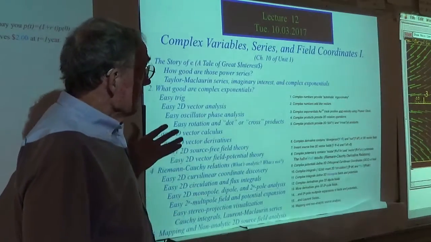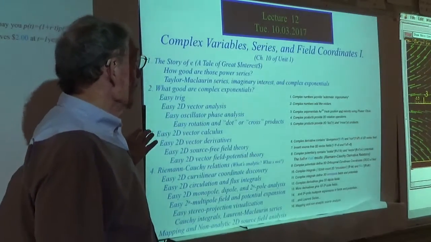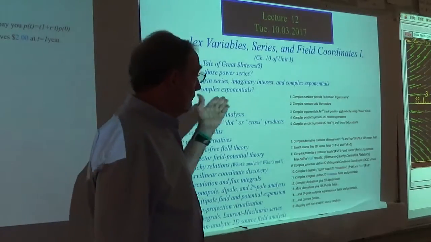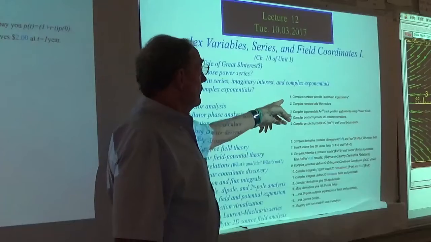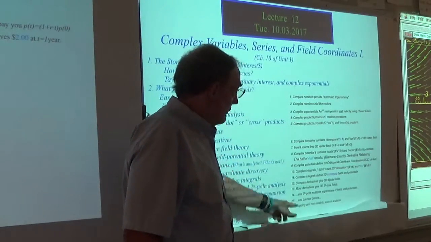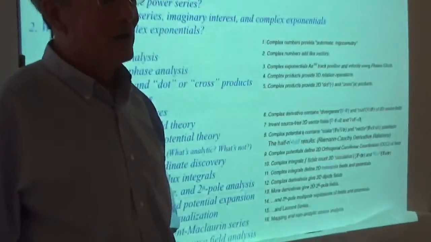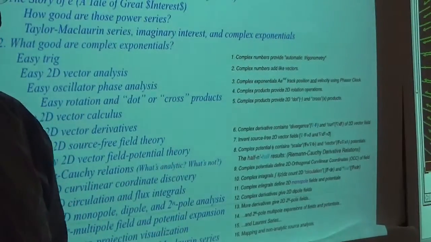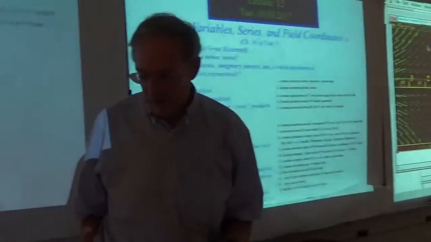And the main idea of the whole thing is what good are complex functions, exponentials, and so forth. I'm going to go through about 16 reasons why this mathematics of Euler basically really helps us in physics.